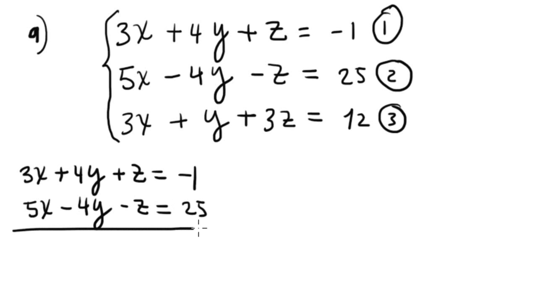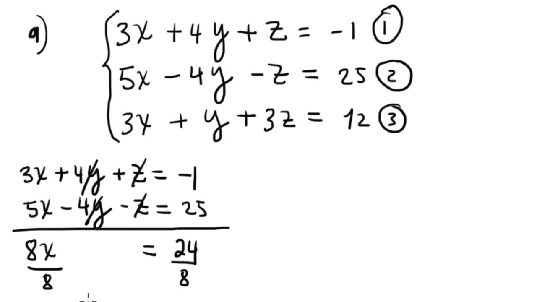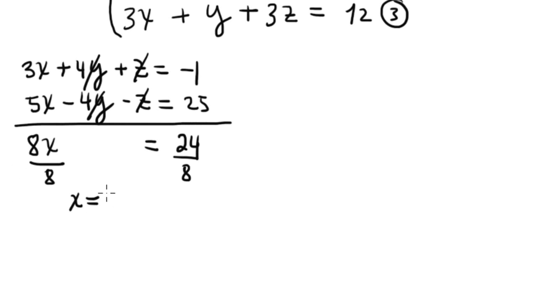You add equation number 1 and equation number 2, this is 8x. This cancels out, and by coincidence z cancels out also. And we have 24 here. Divided by 8, both sides. x is equal to 3.